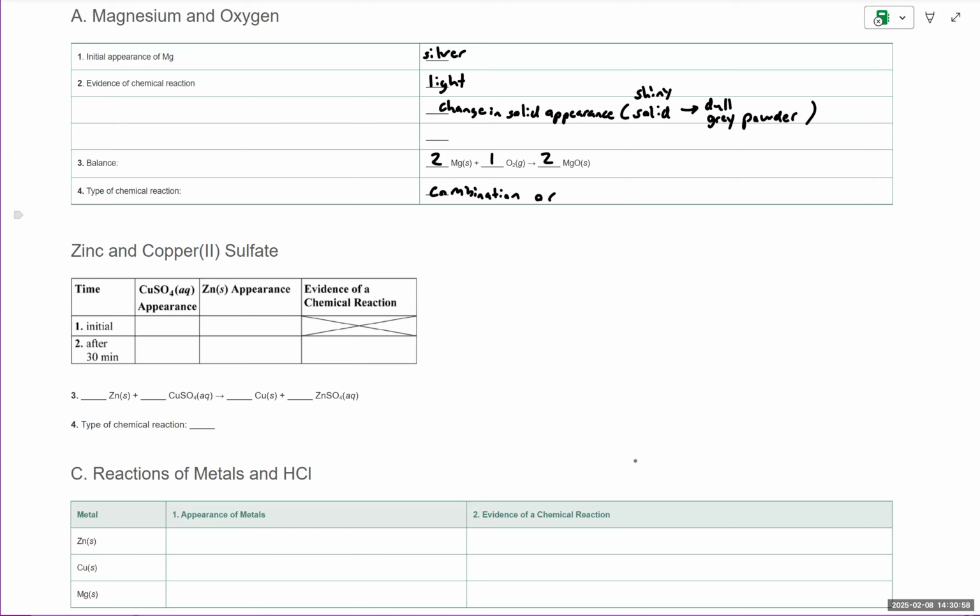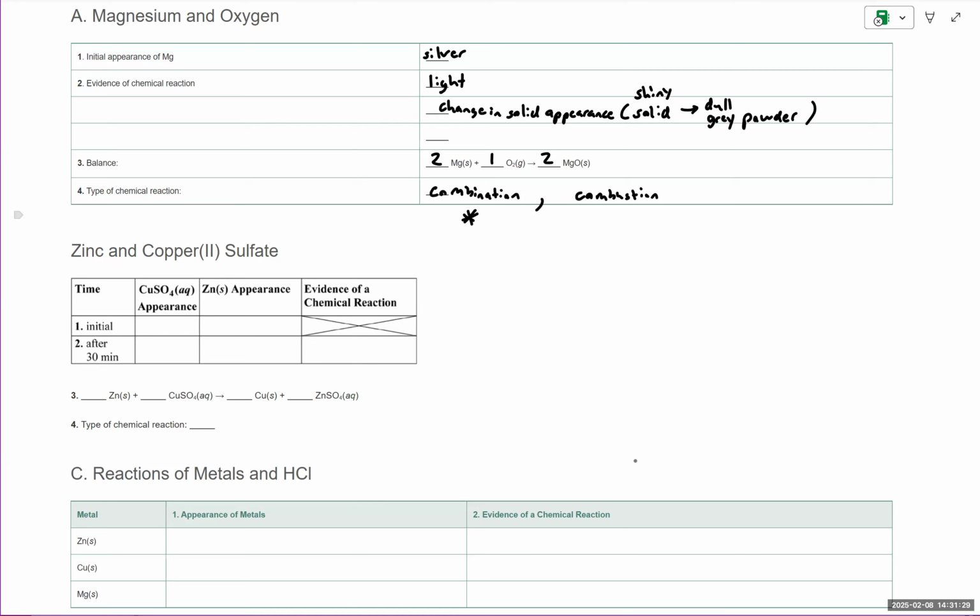In this case, you have the reaction of a metal or other compound with oxygen to yield oxide products. It's also reasonable to call this a combustion reaction. And in fact, both of these are reasonable descriptors, though I prefer combination, as that is the more precise descriptor for this particular reaction.